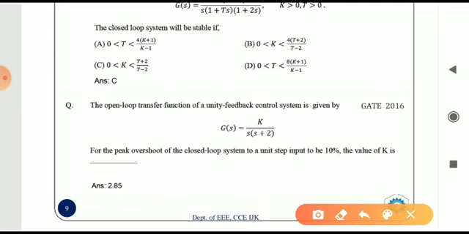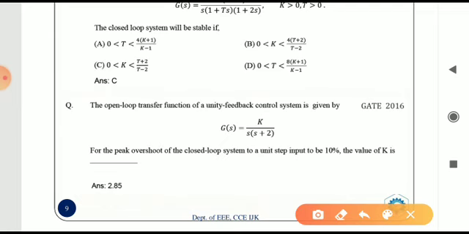You can form the closed loop transfer function as G(s) / (1 + G(s)H(s)). Here H(s) is unity. So you can obtain the standard second order transfer function. You have to equate with that. Then you can see that K = ωn².